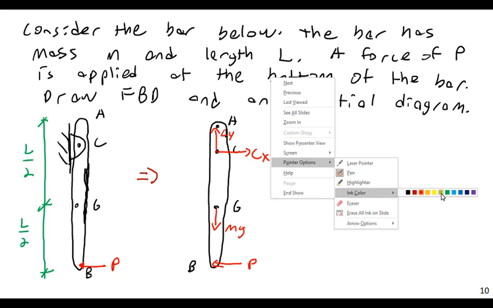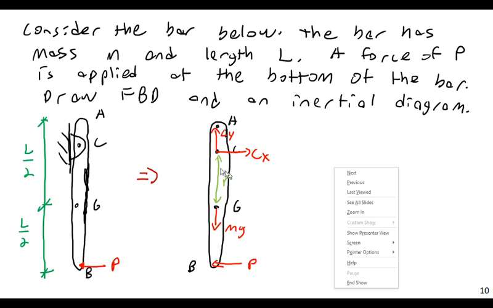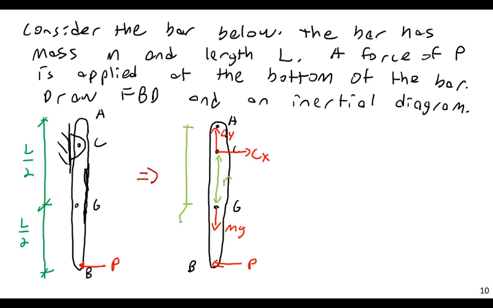That would be some R that I would need when I find the moments about this point, if I'm going to want to find the accelerations and such. I would need to know this R. And then this would be L over 2, and this would be L over 2.